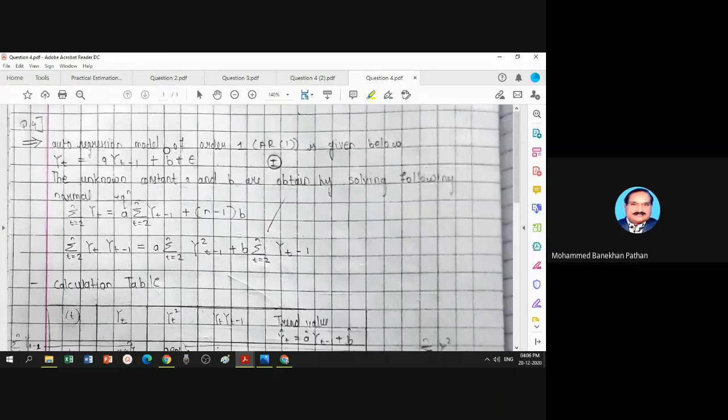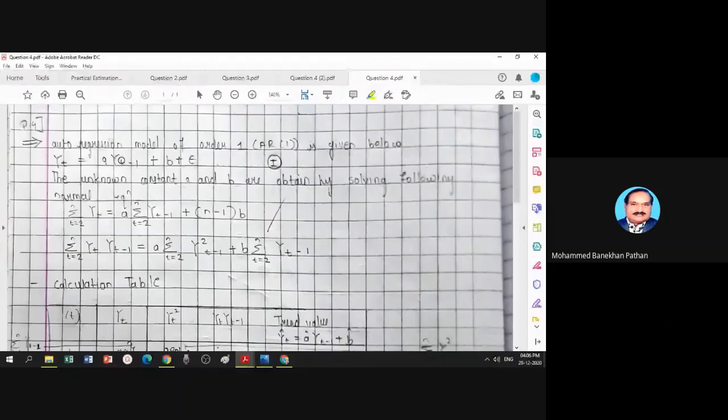Auto-regression model of order 1, that is denoted AR1, is given below. Y t equals small a times y t minus 1 plus small b, plus epsilon. B is a constant, and epsilon is an error factor.